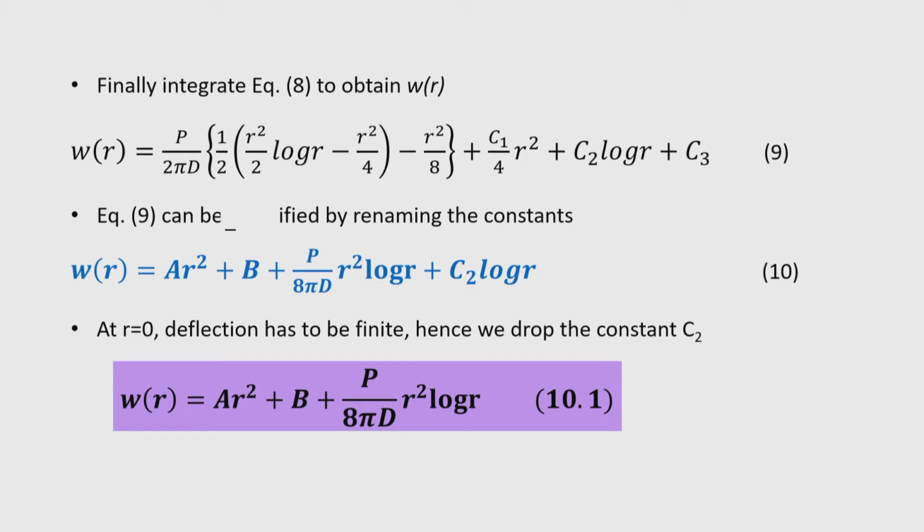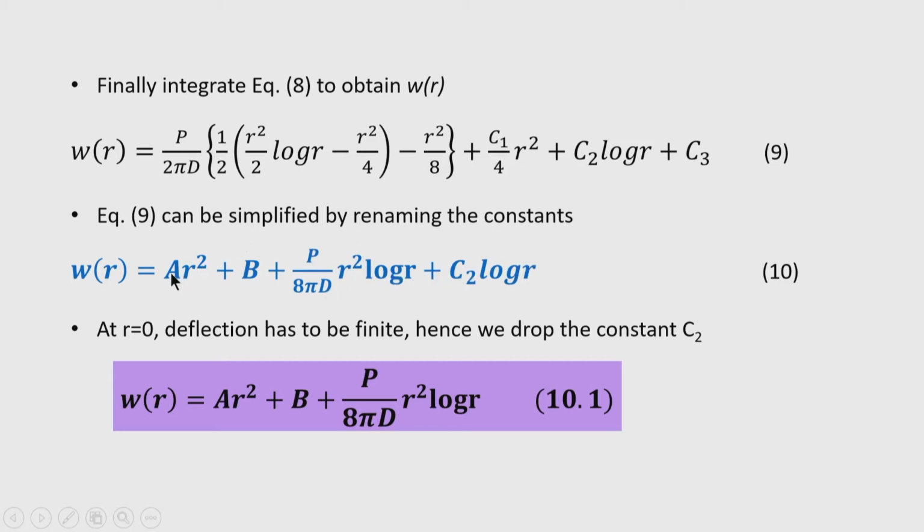So, here we get the term with P as P by 8 pi D, the product of r square log r, and other terms we have just clubbed together with the constant B. Suppose P by 2 pi D r square by 4, that constant term is there with r square, so it is clubbed together with the constant A. So, the final expression for deflection can now be written as A r square plus B plus P by 8 pi D r square log r plus C2 log r.